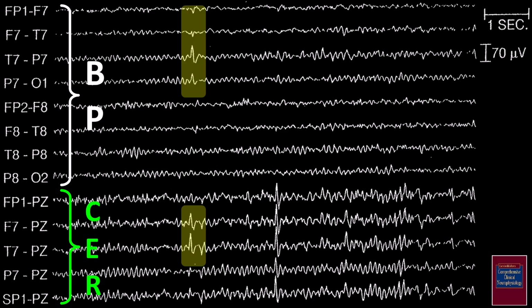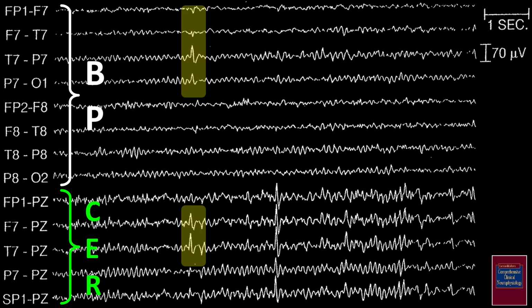Now I have highlighted two areas, one in the bipolar derivation and another in the common electrode reference derivations. As you can see, the potentials are well appreciated using bipolar and common electrode reference montages. Perhaps it could be argued that it can be seen a little better on the bipolar montage.